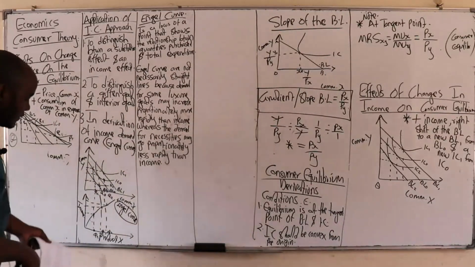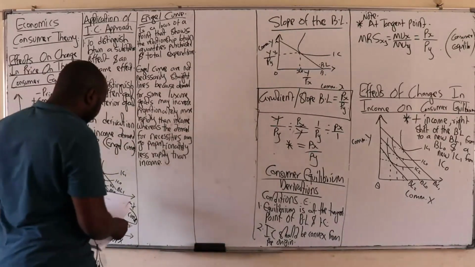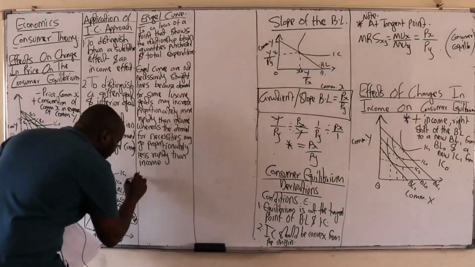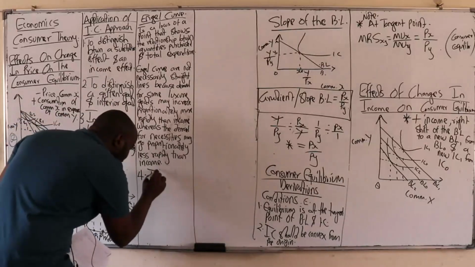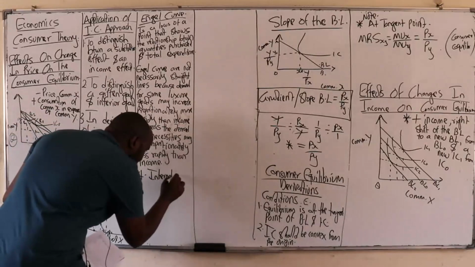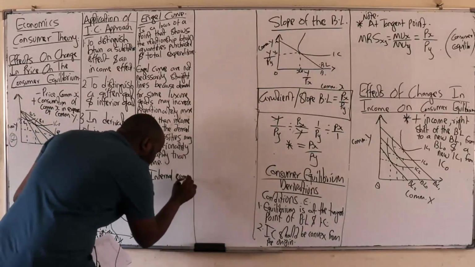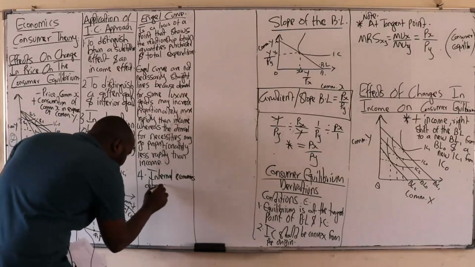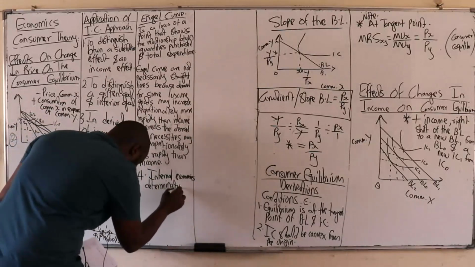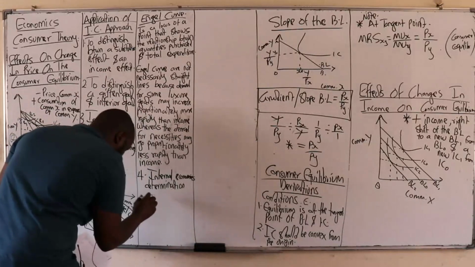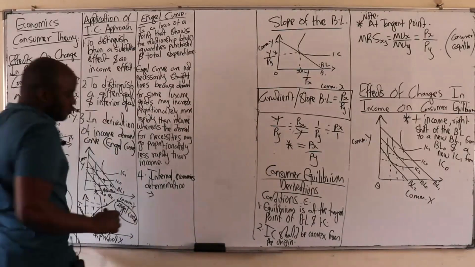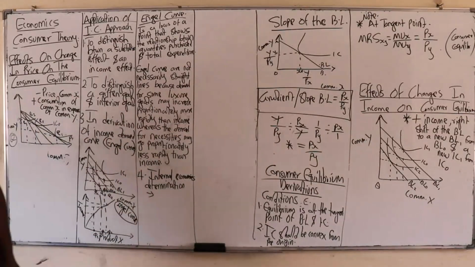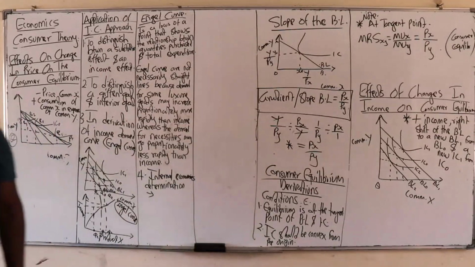Then that's number 3. Number 4 is all about international economies determination. That is to do with the effect of free trade.